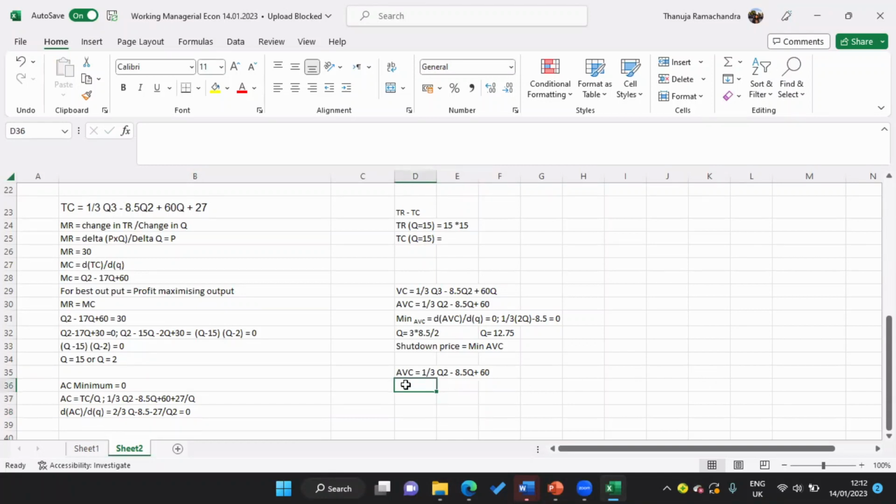You can check here. AC minimum is at Q 15. So before that, AVC should reach the minimum. So definitely the answer should be less than 50. Right?